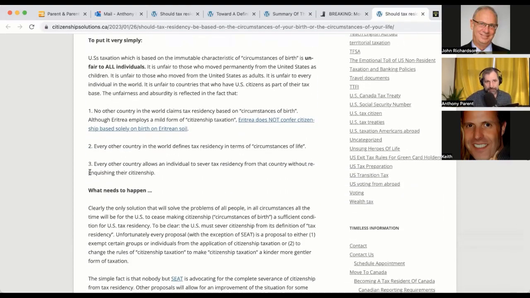Go ahead, please, John. I think that what both of you say has varying degrees of truth. But to address your question, Keith, which was why there is this difficulty in getting people to understand that you have to sever citizenship from tax residency.